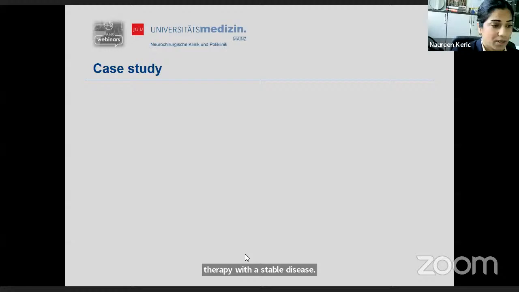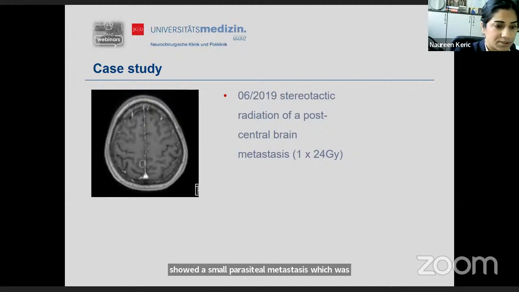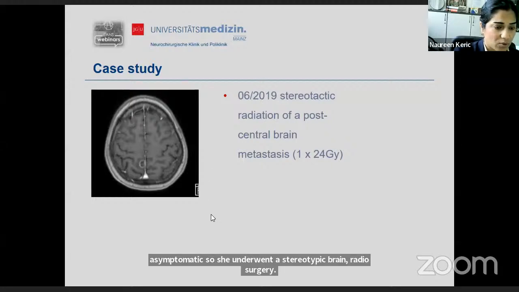The first image we had from June 2019 showed a small parasagittal metastasis, which was asymptomatic. So she underwent stereotactic brain radiosurgery, and it was stable until a couple of weeks ago.